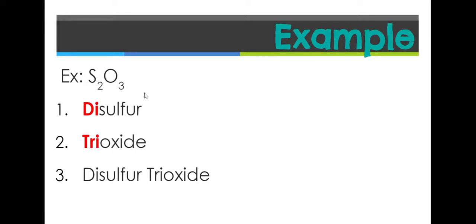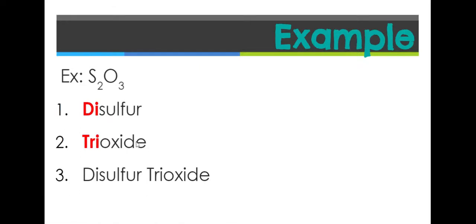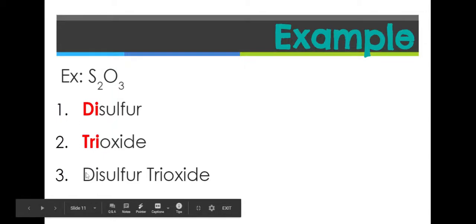And then I have 3 oxygen atoms. So I would write tri in front of the word oxygen. Then I'm going to get rid of the ending of oxygen, that YGEN, and change it to IDE. So it becomes trioxide. And so the final name would be disulfur trioxide.